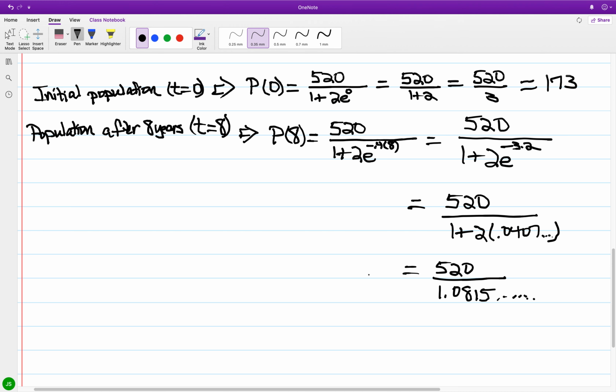It's going to turn out that, to the nearest whole number, we have about 481. So you have 480.8028, which will round up to 481.